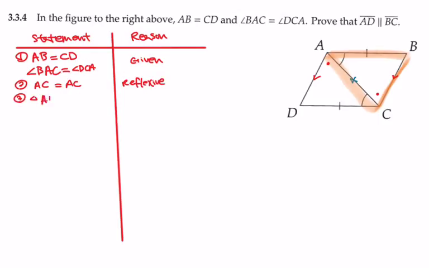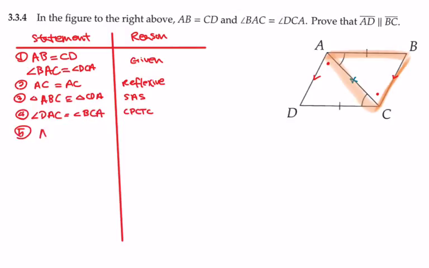Then we can say those two triangles, triangle ABC and CDA, must be congruent to each other by SAS. As soon as we prove that, then we can use CPCTC for these two angles, angle DAC and angle BCA.